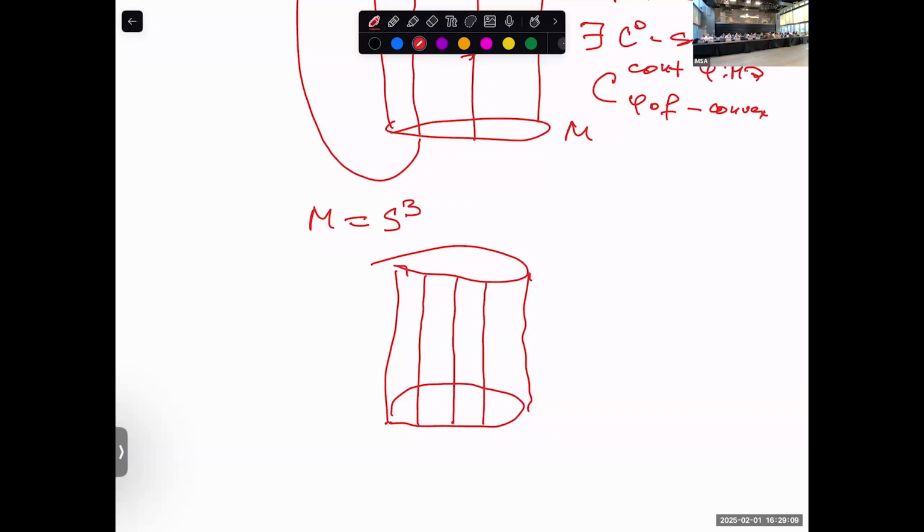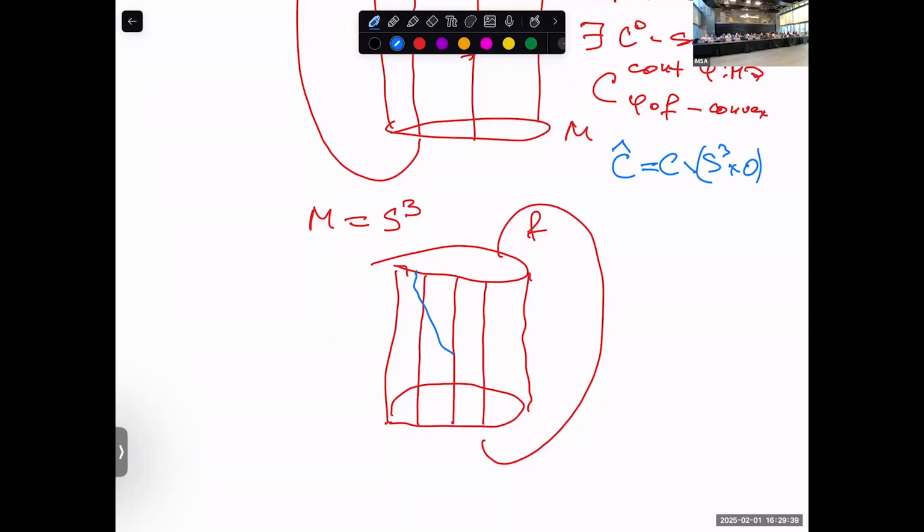So the characteristic relation is straight, but I glue this by my F. So let's consider this dividing set, call it C. Let's take C hat, this is C minus S3 cross 0. Okay? So I just cut it open, and this is my C hat.